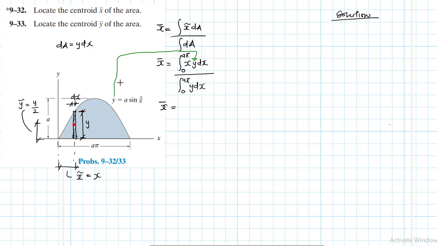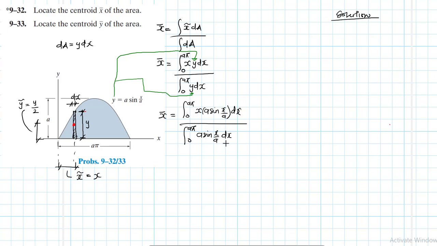If we do that, we are going to have the following: x bar equals the integral from 0 to a pi of x times our equation, a sine x over a, dx, divided by the integral from 0 to a pi of a sine x over a dx.